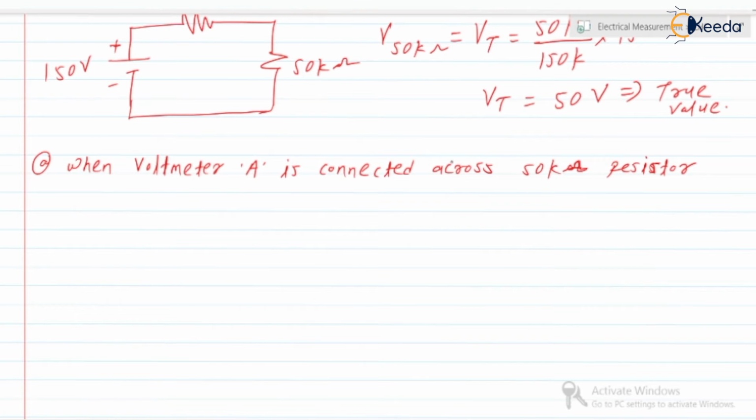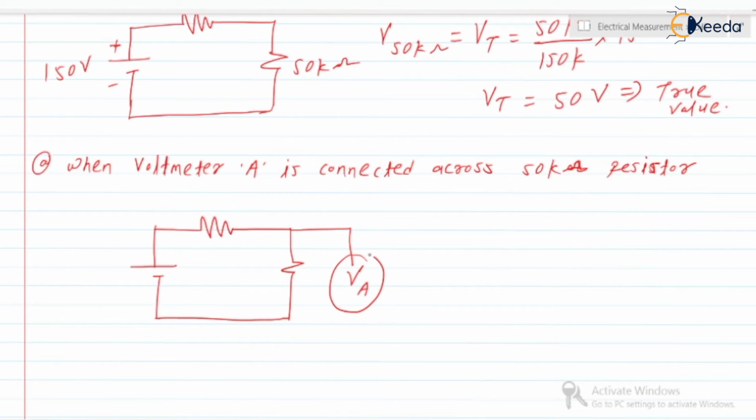When the voltmeter is connected, here we have the 150 volt, this is a 100k, this is a 50k, and suppose we connect voltmeter A, indicated as VA, in the circuit. Now can we replace this voltmeter with its resistance?